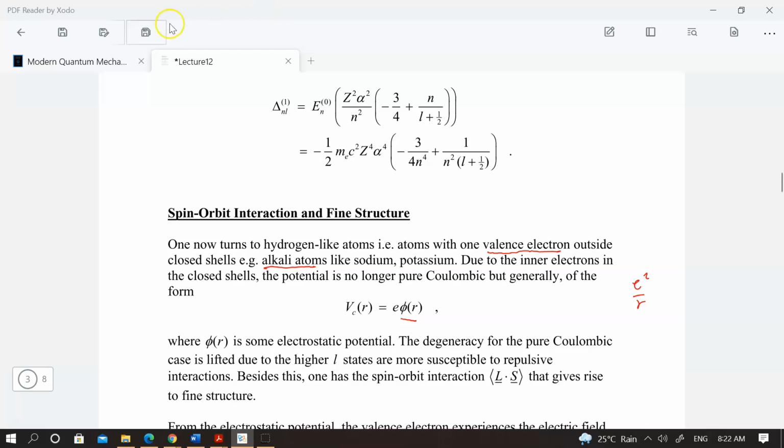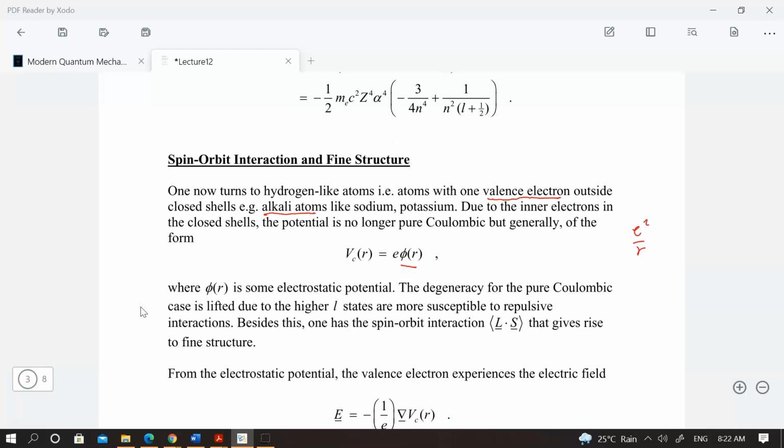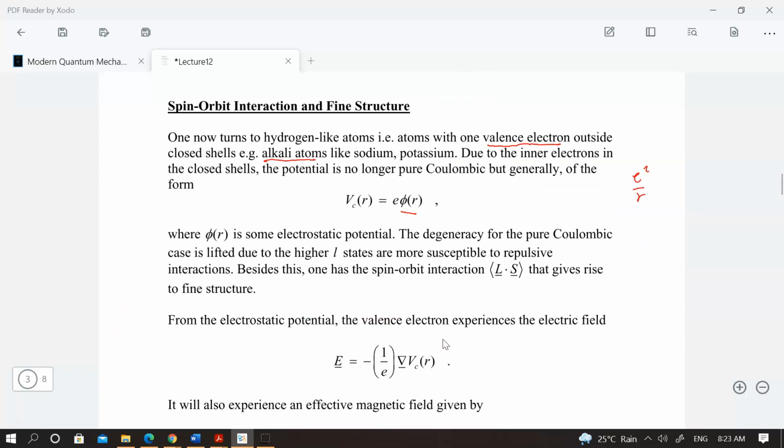Usually in that particular case, the degeneracy that you get from pure Coulombic will no longer be there, and then you can actually use non-degenerate perturbation theory. Those are with respect to having this potential, but one should also consider the other thing.